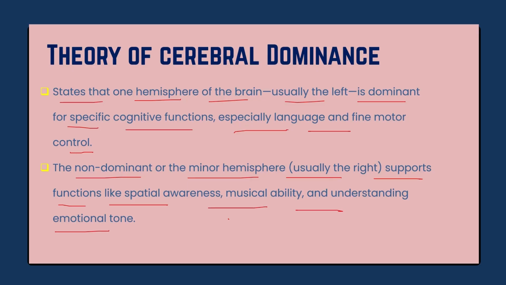Okay, so this was the theory of cerebral dominance. It says that the left hemisphere is the dominant hemisphere and it is responsible for cognitive functions like language and fine motor control, or control of movement. And the right hemisphere is the non-dominant or minor hemisphere, which supports creative functions like musical ability, understanding emotions and spatial awareness.